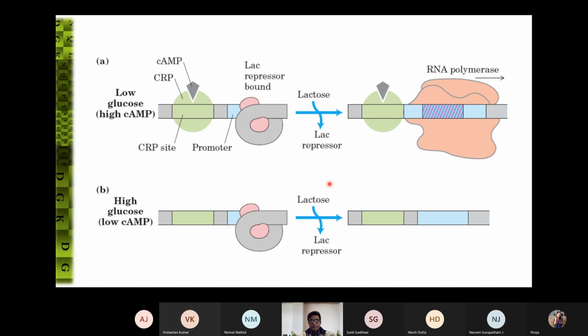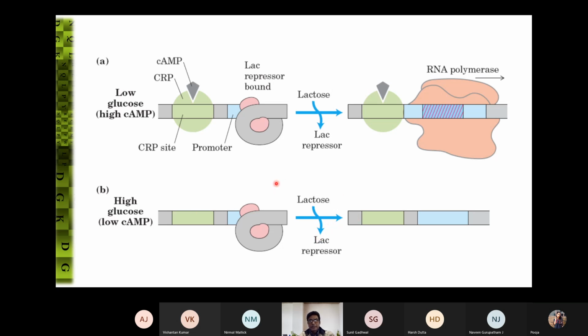Now, together what happens is this: if you have this promoter site released, that means there is no lac repressor bound because there's a lot of lactose present, and you also have low glucose and cyclic AMP present, then you have a very high rate of synthesis and the lactose is getting utilized. Whereas if you have this not bound, but you have high glucose and low cyclic AMP, you still get some synthesis and utilization, but at a much lower rate.